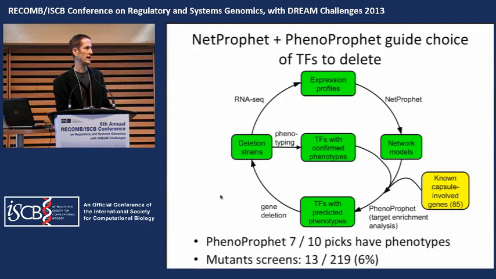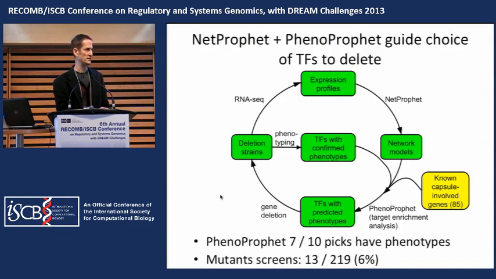We took the network produced by net profit, and we analyzed, in the same way that I just described for the yeast genes, the enrichment of net profit predicted targets of each transcription factor for genes that were known to be involved in capsule in some way, including transcription factors that we had previously identified through earlier steps of this process.